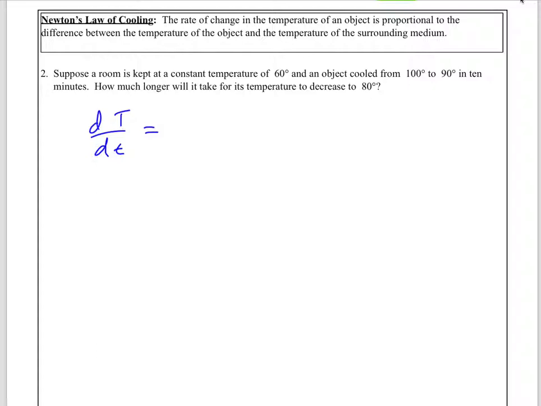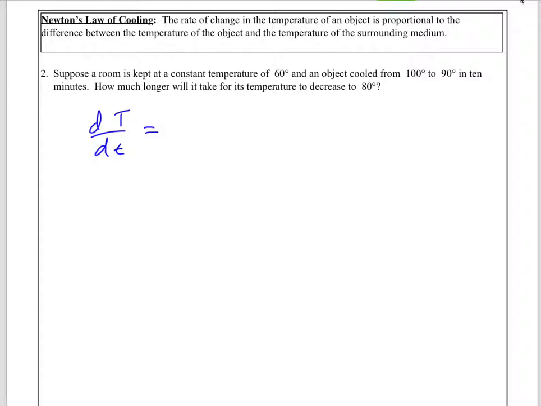So k times 100 minus 60? Why can I not use 100? 90 minus 60? Why can I not use 90? Because that's 80. What is happening to the temperature? It's cooling from 100 to 90. It's changing.